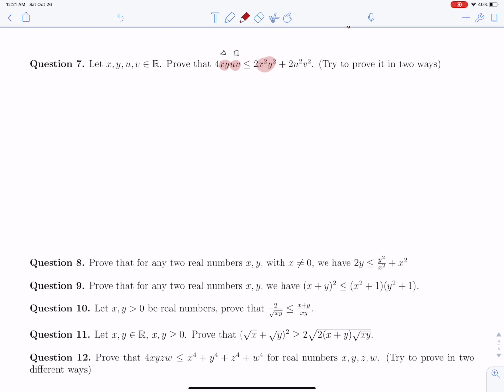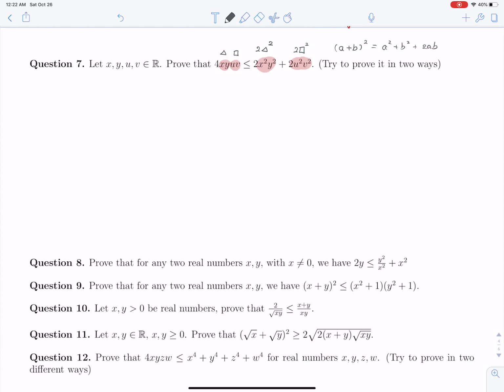Okay, let me write it as triangle square. And this whole thing would be 2 times triangle square. This whole thing could be 2 times square. Okay? So, well, we know that completing the square, (a plus b) squared equals a squared plus b squared plus 2ab.